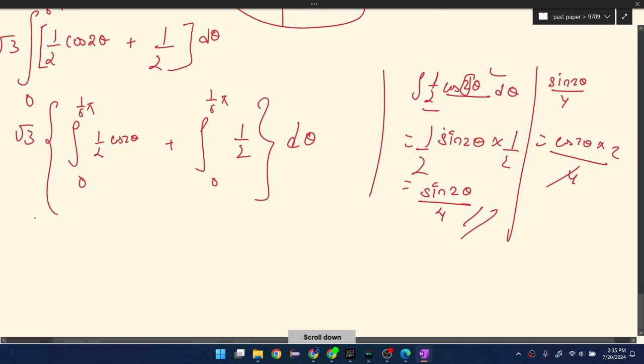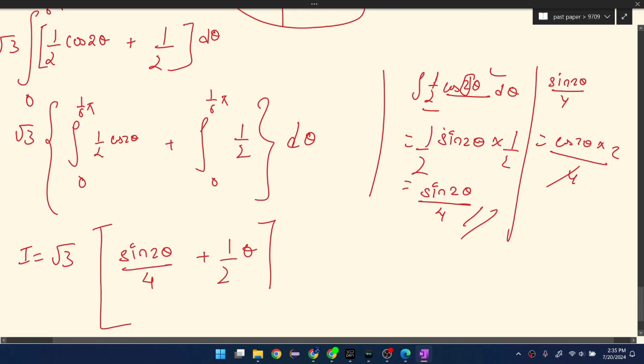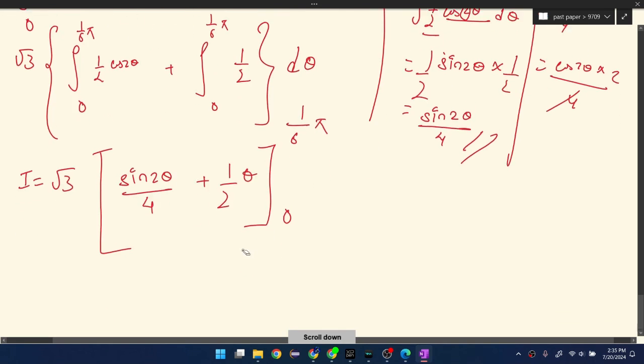So here the integral of 1/2 is just (1/2)θ, right? It's just a constant. So I is equal to √3 times sin 2θ over 4 plus (1/2)θ, from 0 to π/6.